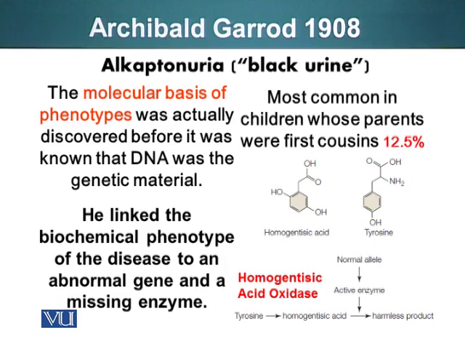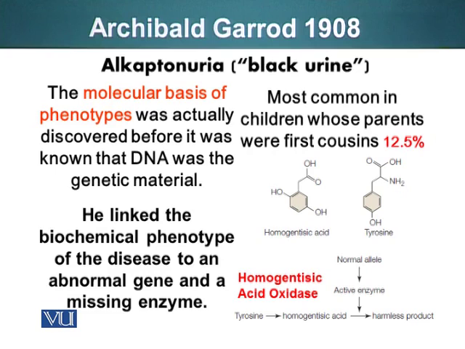So he collected urine samples and blood samples, and discovered that these people were missing a particular enzyme, a protein. The name of that protein is homogentisic acid oxidase.